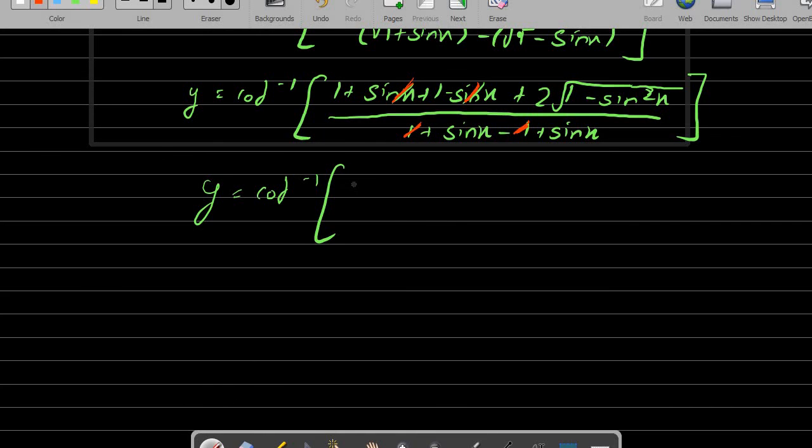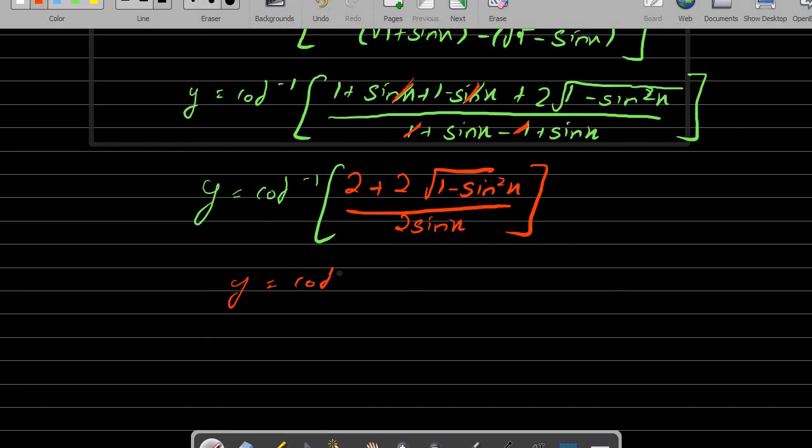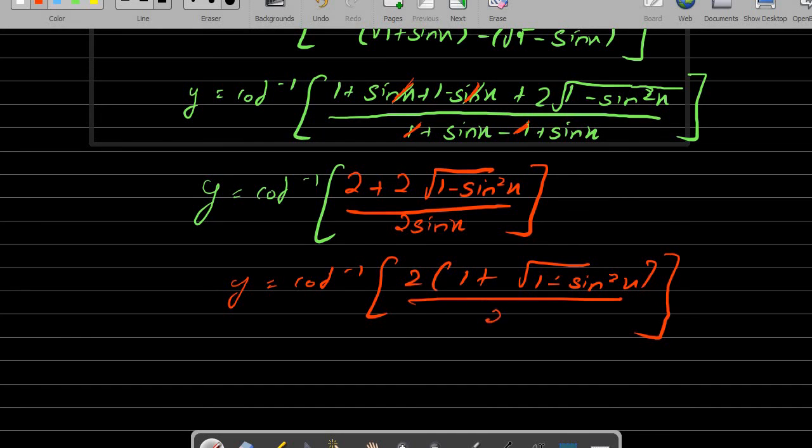I'll write it with this pen only. So now cot inverse, what would be left? 2 plus 2 under root 1 minus sine square x, and now plus 2 sine x. Wow, now it's so easy, right? You can see we can take 2 common and this 2 would get cancelled, right? 2 common, 1 plus under root 1 minus sine square x divided by 2 sine x, cancelled, right?